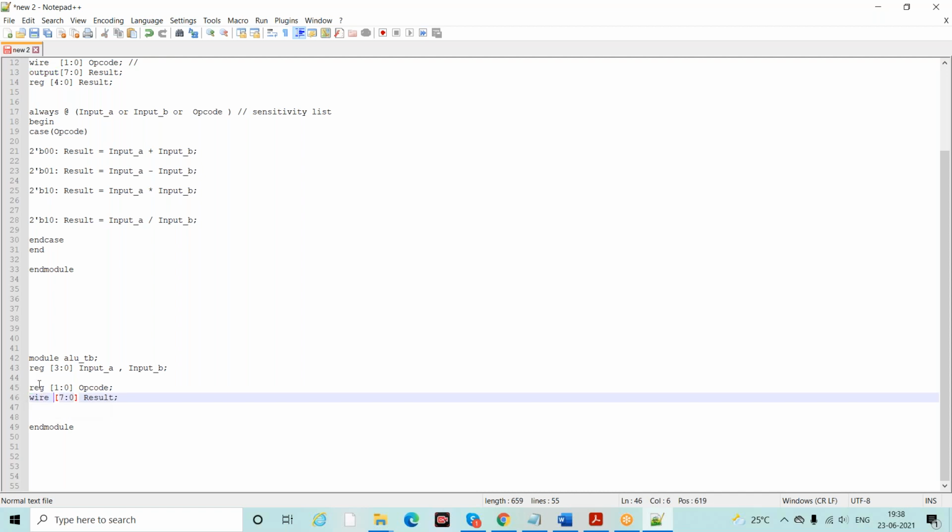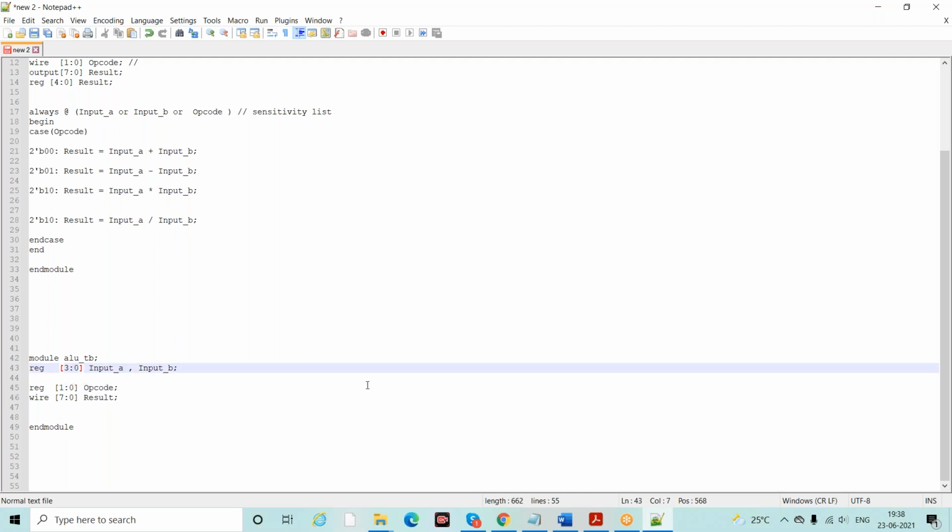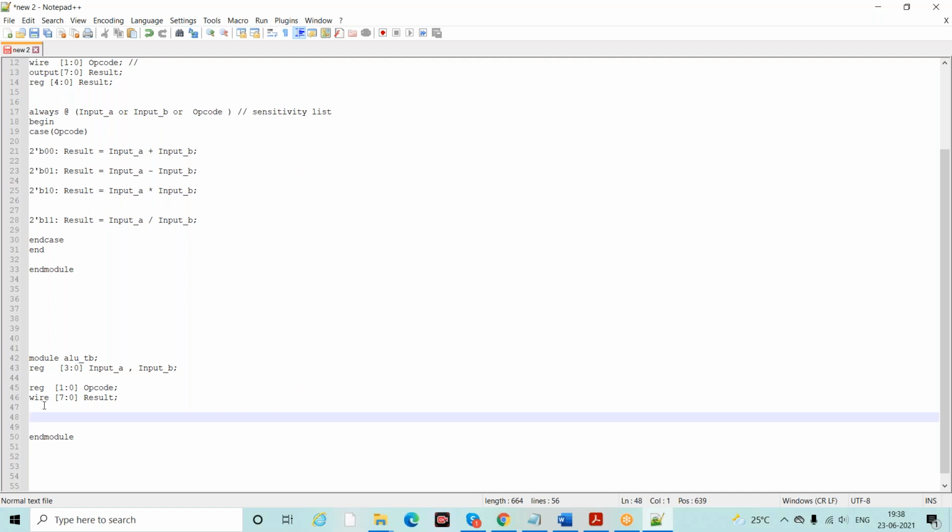I will explain now why this is. So we will compile this code. If there are any typing mistakes at the time of compilation, we will correct them.